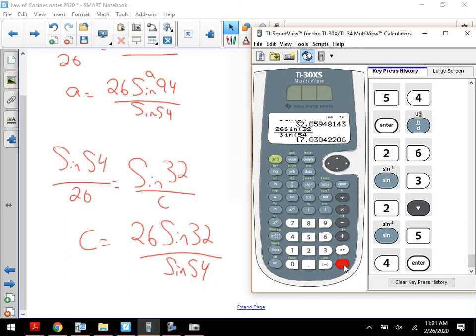Now, one of the things that I see, not just with you guys, I see with my honors kids as well when they do this stuff, is that they'll write everything out. When they get to here, they might actually bump the wrong number. It is so unbelievably important to write down what you're about to put in the calculator before you do it. Okay?